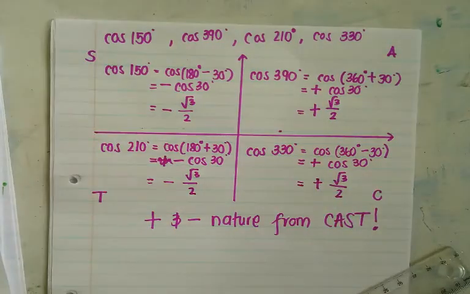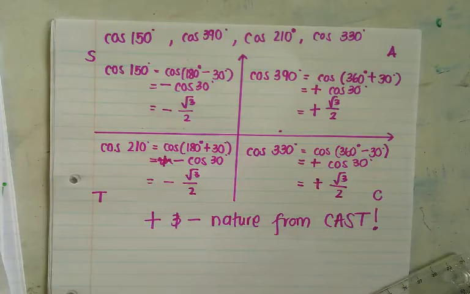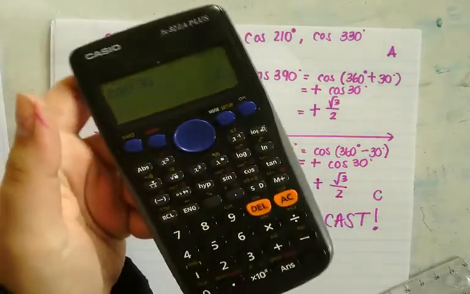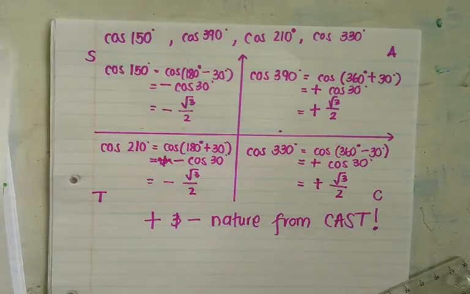Ma'am, if I thought because 30 then it gives me a decimal. Because you have a sharp. So unfortunately for you, you are going to have to learn the special angles. Because our calculators give us the special ratio, square root 3 over 2.